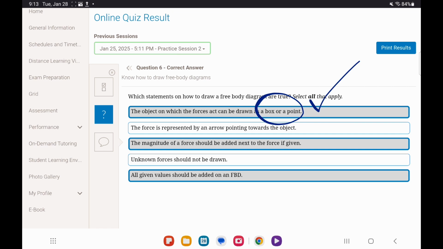Force is represented by an arrow pointing towards the object? No, it doesn't have to be pointing towards the object. For example, if I draw a free body diagram and this is a normal force, the arrow is pointing towards the right and the object is here. It's not pointing towards the object, so this is wrong.